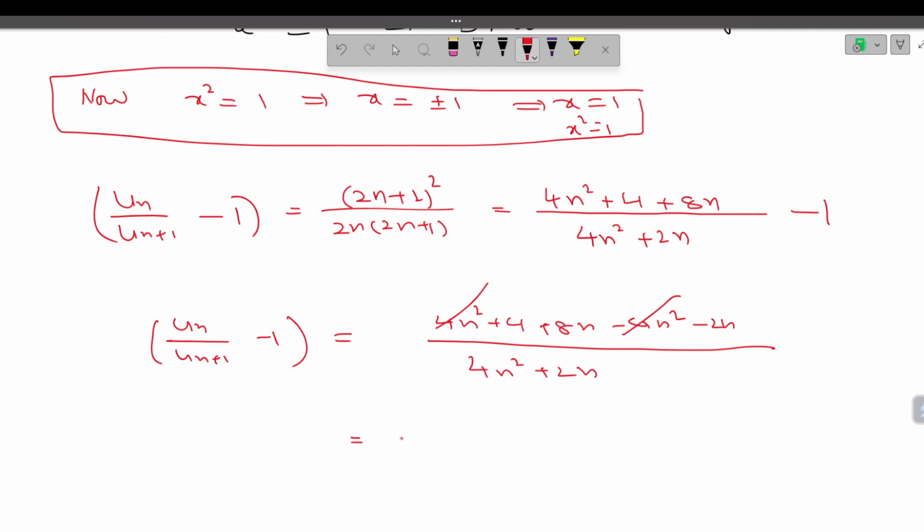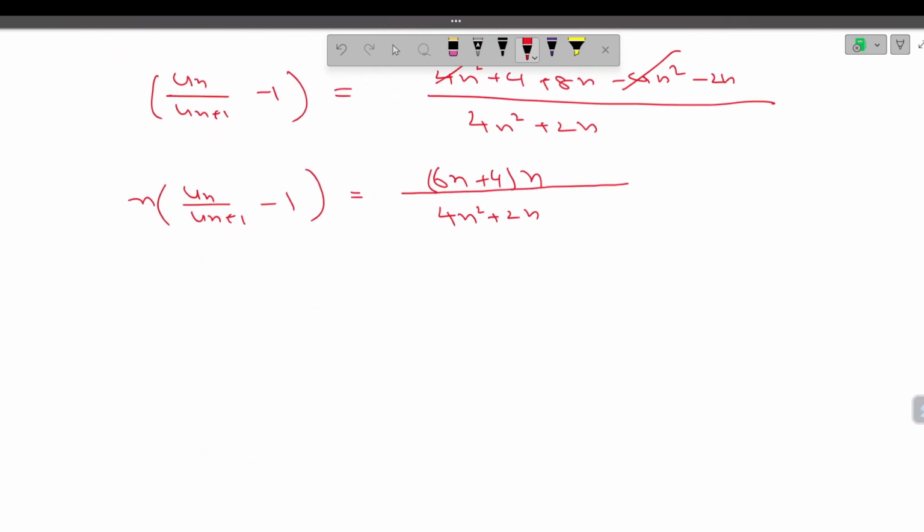We are left with 8 minus 2 is 6n plus 4, divided by 4n square plus 2n. I'm multiplying by n on both sides. So now this will be 6n square plus 4n divided by 4n square plus 2n.